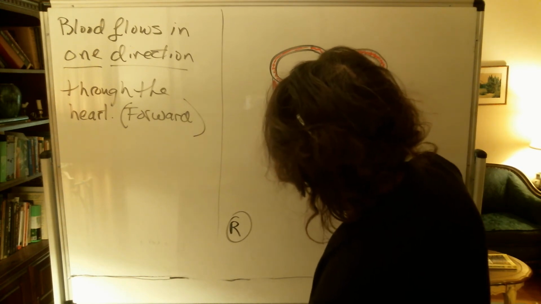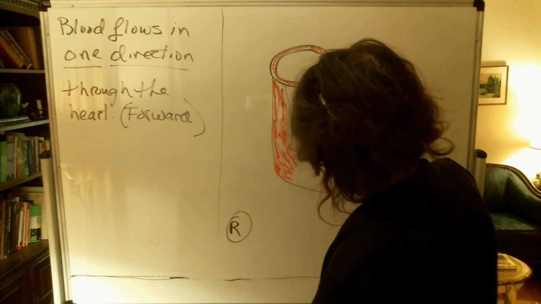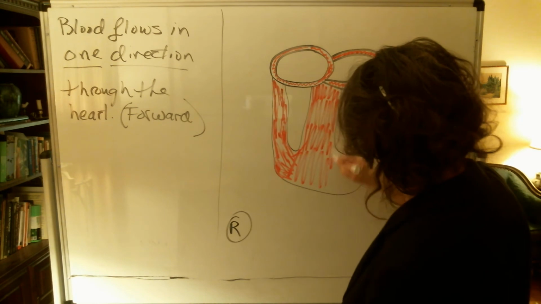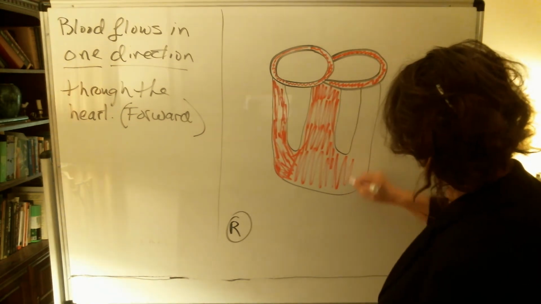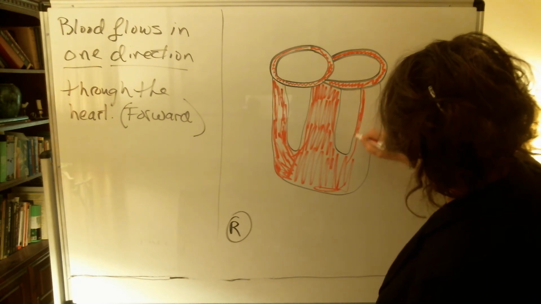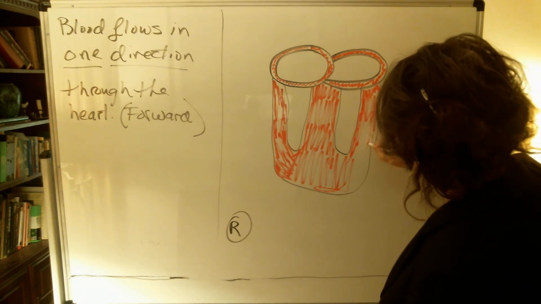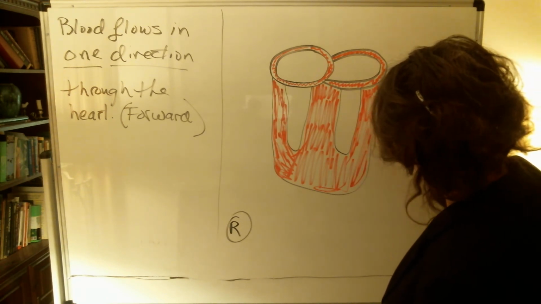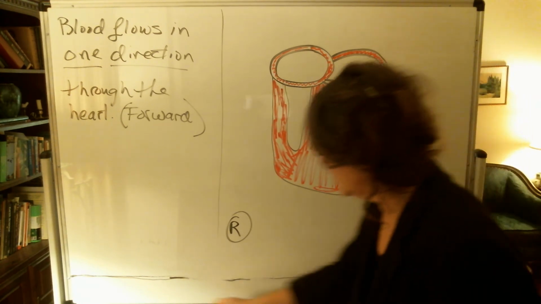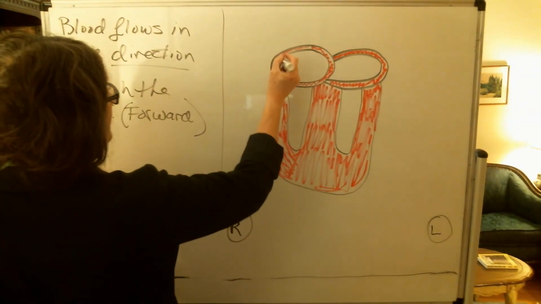So there's a lot of muscle here in order to really pump that blood. So I'm just quickly filling in with red where the muscular walls are so that you get a better sense of the chambers through which blood flows.